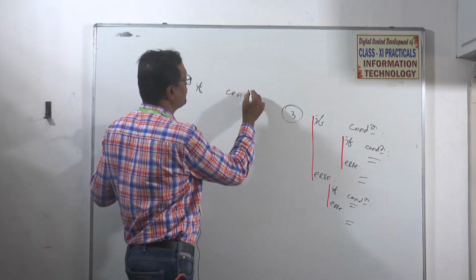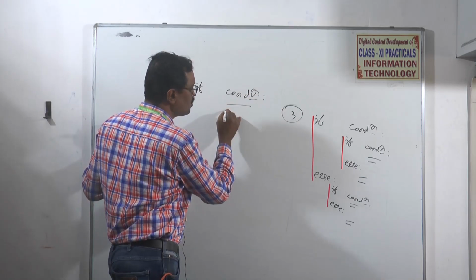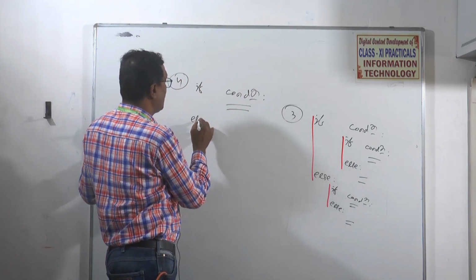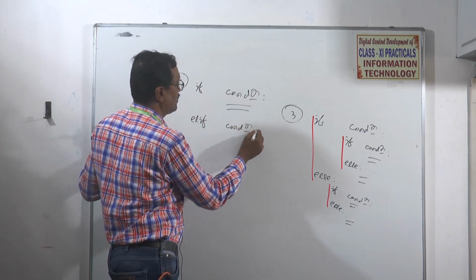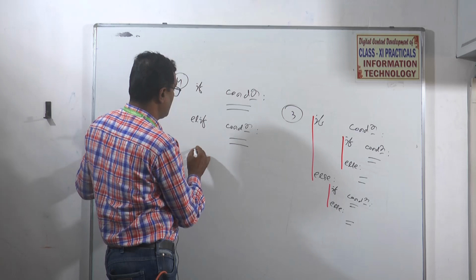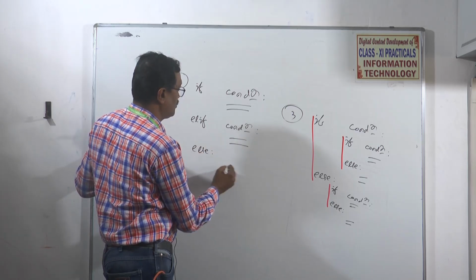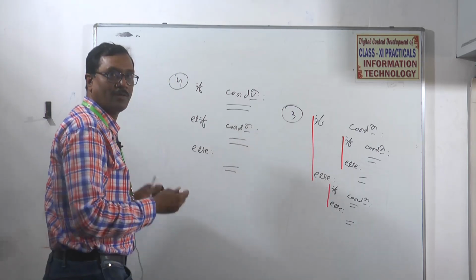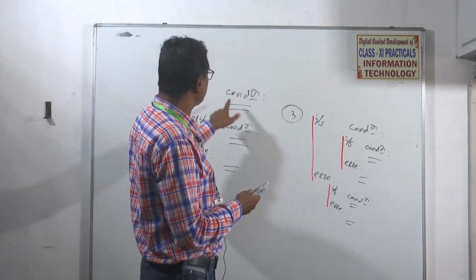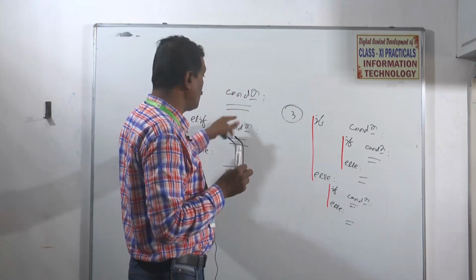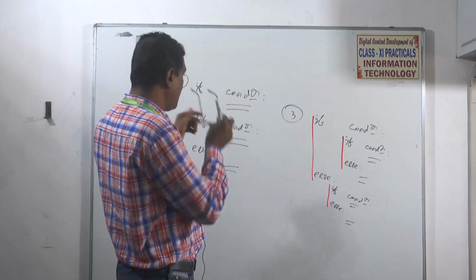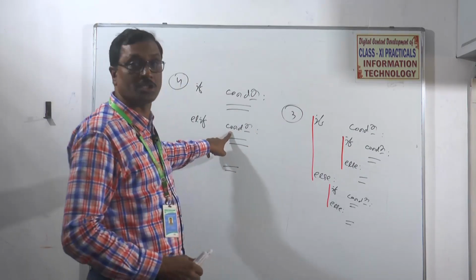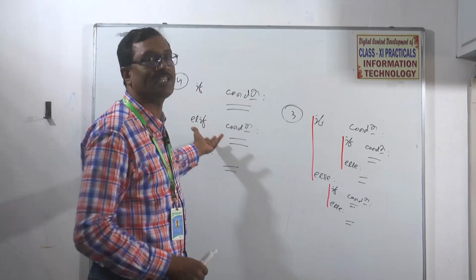If here I am putting the condition, if it is true, you do this. And if another condition, do this. Else do this. You can extend it. What did I do? If this condition is true, this one will be executed. If this condition is not true, then it will check another condition, that is, else if.